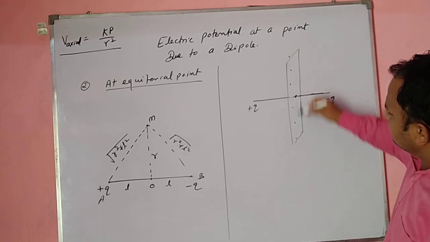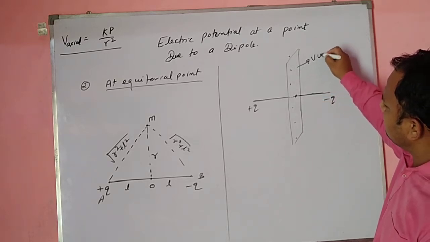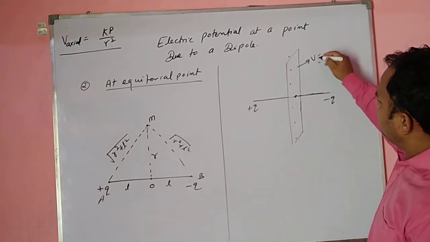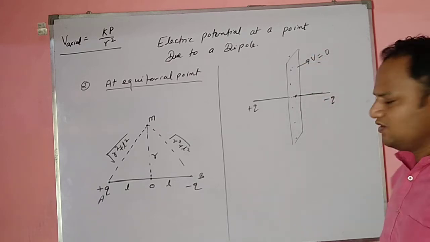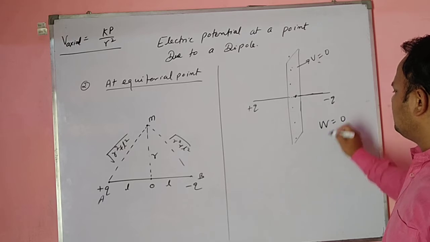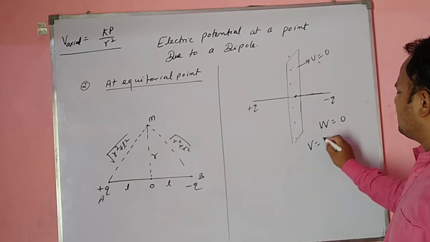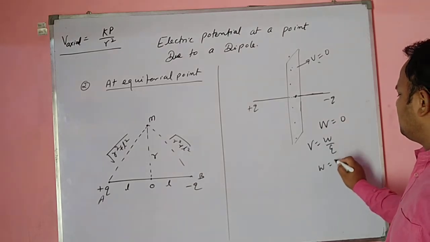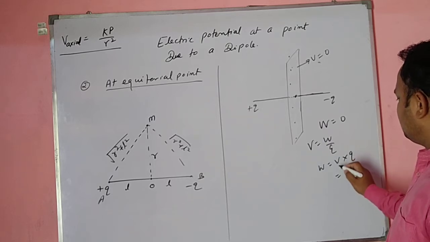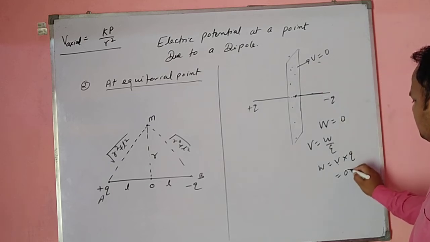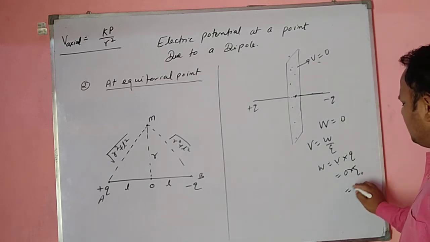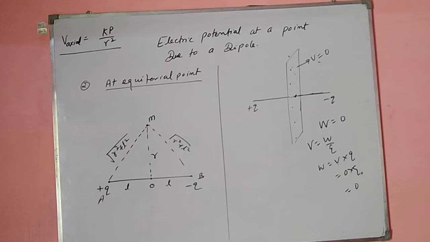So everywhere on this plane the potential is 0. And the amount of work done to move any charge on this sheet is 0. Why? Because you know that V is equal to W by Q, and W is equal to V into Q. So the potential difference between these 2 points is 0, so 0 into Q, the answer is 0.